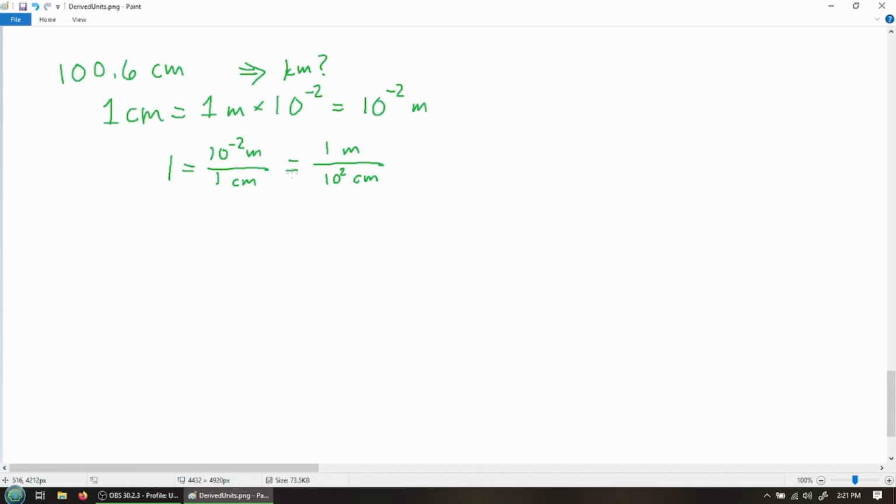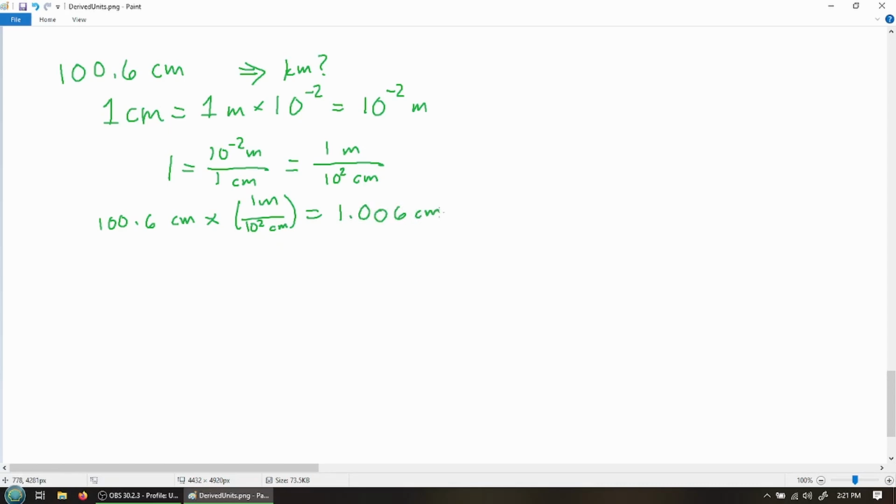The important thing here, though, is that we wanted to make sure centimeters was in the denominator. So now when we take 100.6 centimeters, and we multiply that by 1 meter divided by 10 squared centimeters, I'll just use this second format here.